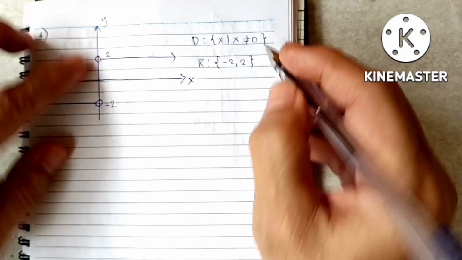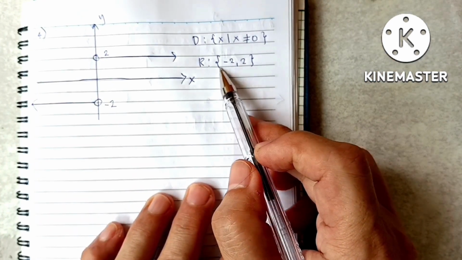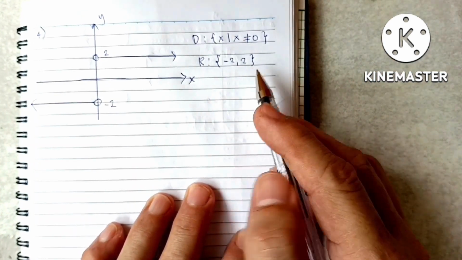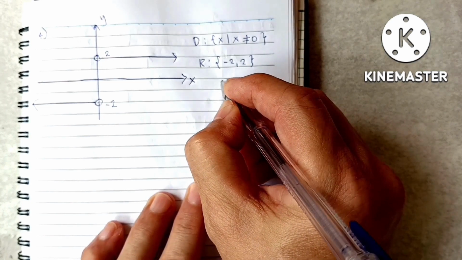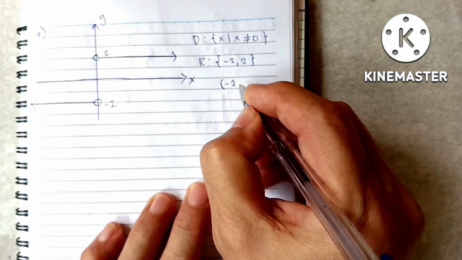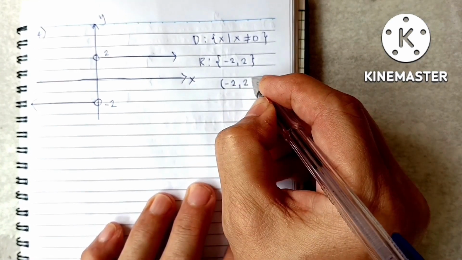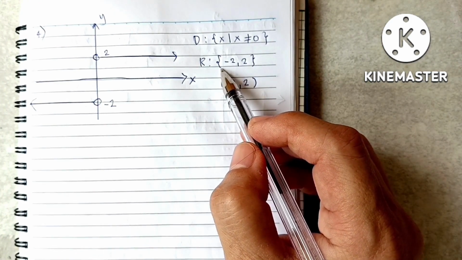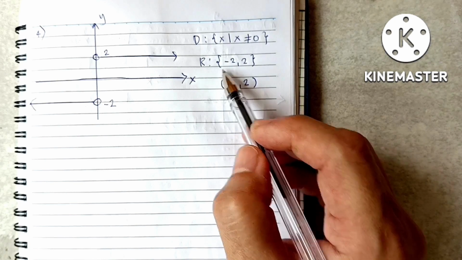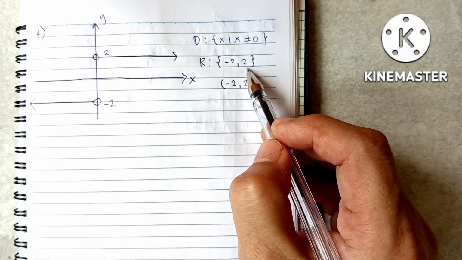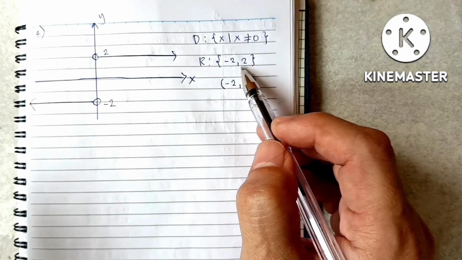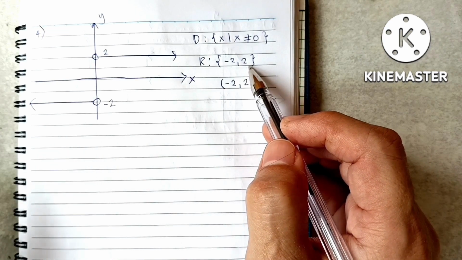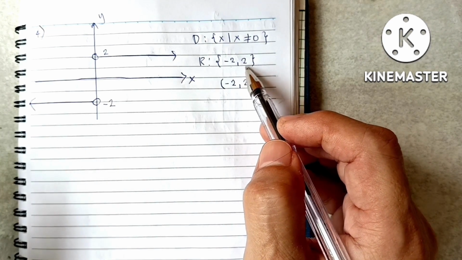Now, tingnan nyo kung paano ko sinulat ating range, ano? I used braces, no? Instead of parentheses. Why? Ano bang difference when I use parentheses? Ano bang pinagkaiba ng dalawang to? When you use braces, it means that the only elements are negative 2 and 2. Wala tayong elements between negative 2 and 2. Hindi kasali yung numbers between negative 2 and 2.